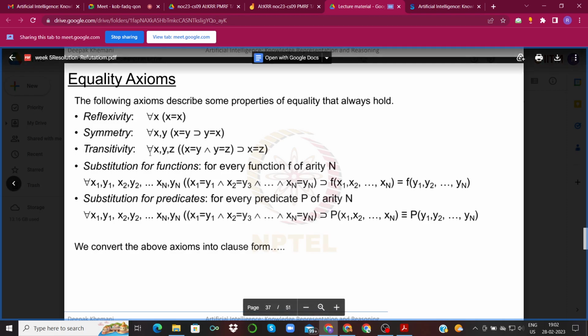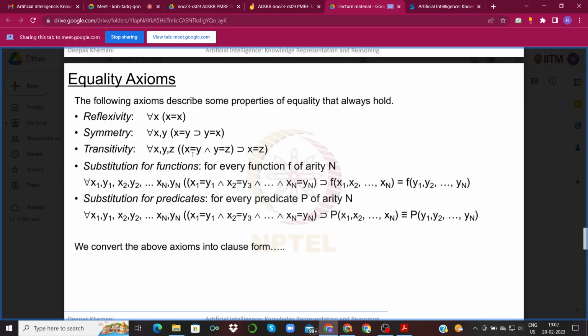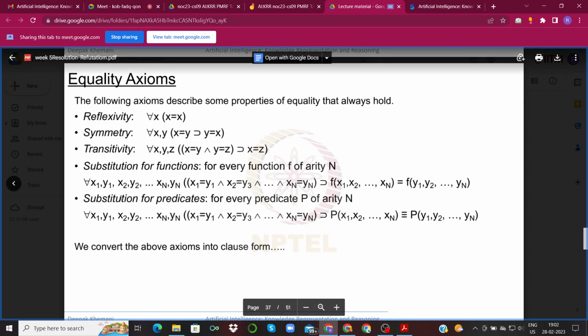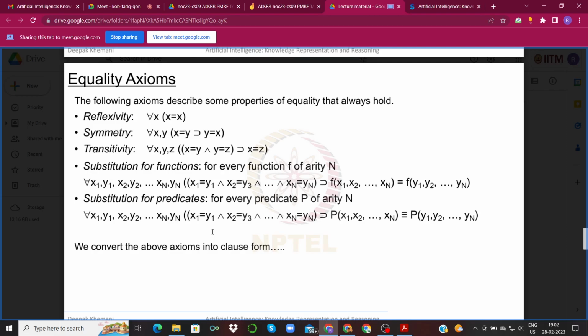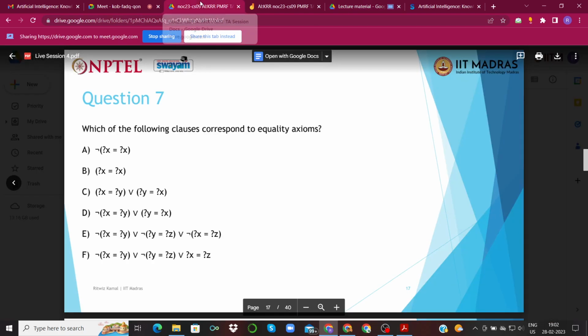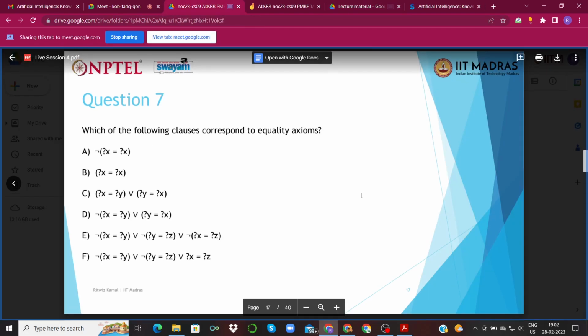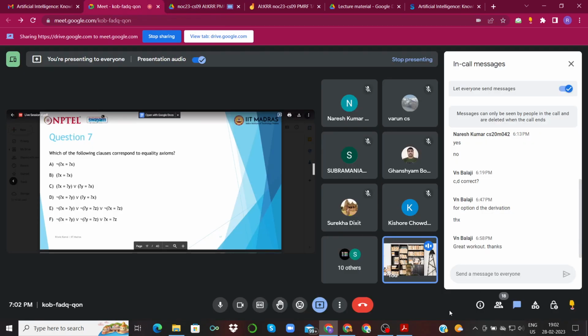Transitivity says that for all x, y, z, if x equals y and y equals z, this implies x equals z. Similarly, there are substitution for functions and substitution for predicates. So these are some of the equality axioms. With this quick refresher, I'll shift back to the questions and you can have a look at the options once again.